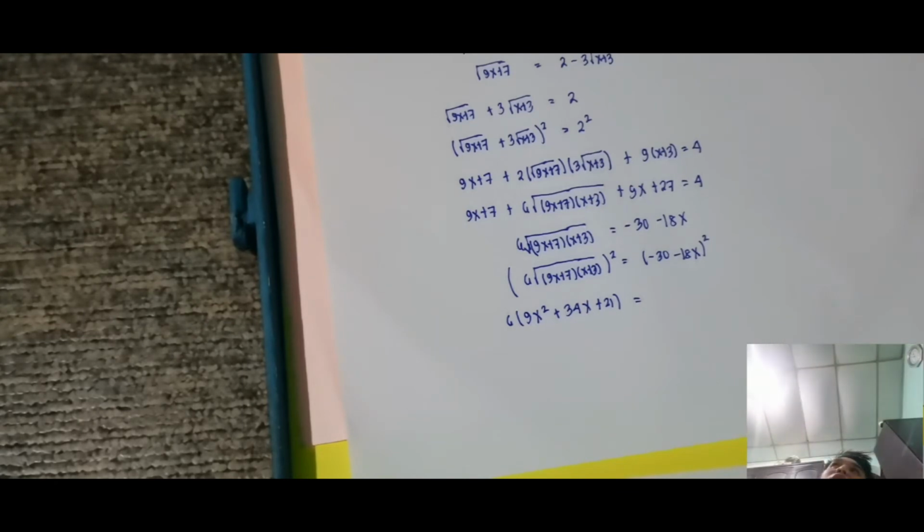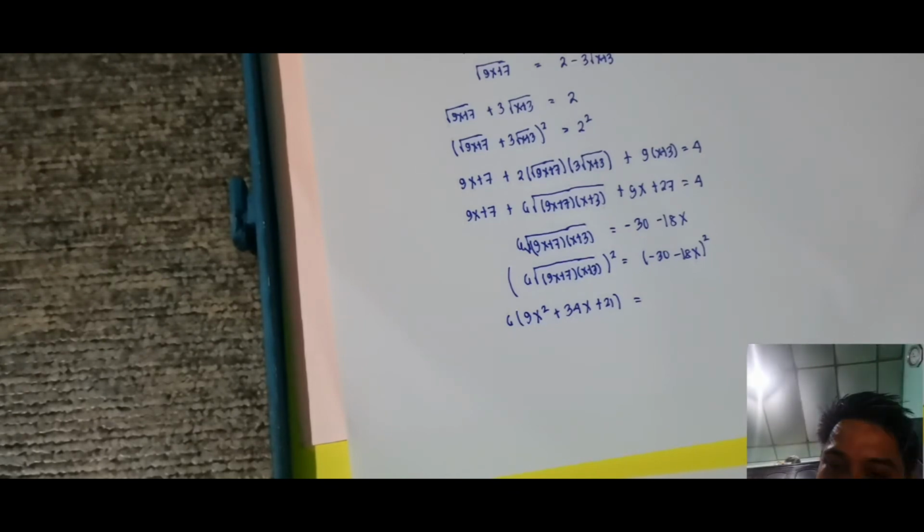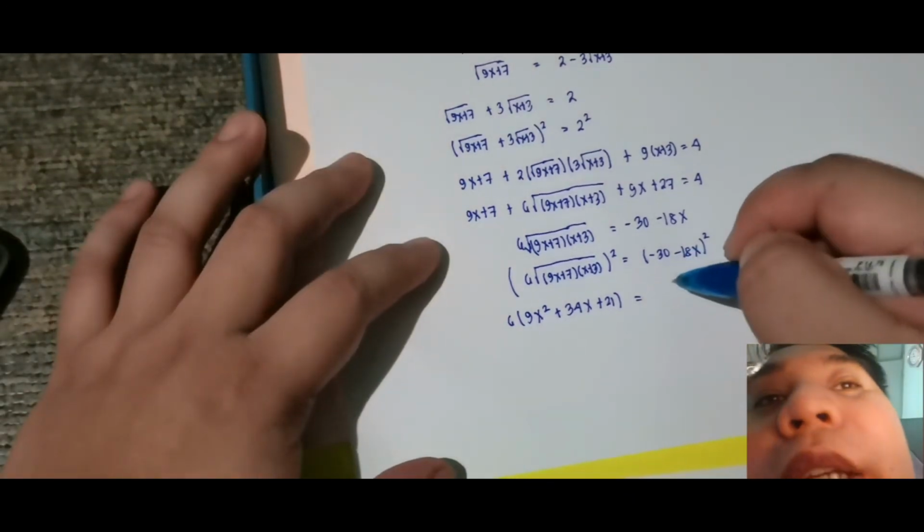So that is, wait, kunin ko lang yung calculator. Check ko lang. So negative 30 squared is 900. Sorry, hindi na ako marunong mag-multiply.